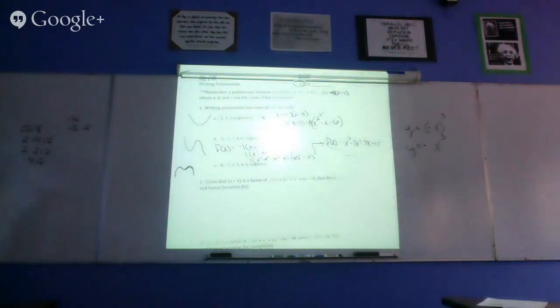Power. What power? Degree. It's the degree. The degree of a polynomial is equal to, at most, the number of zeros. So we can have at most the number of zeros equaling the degree.